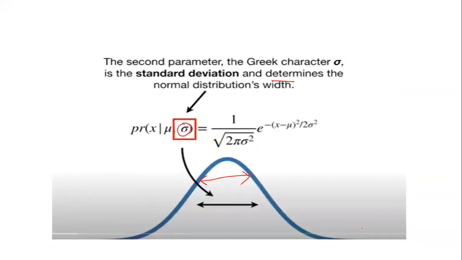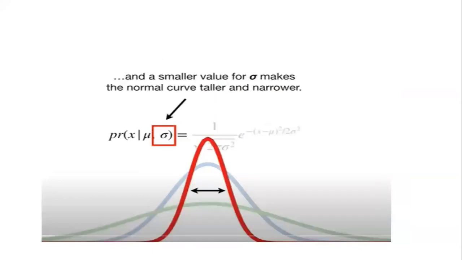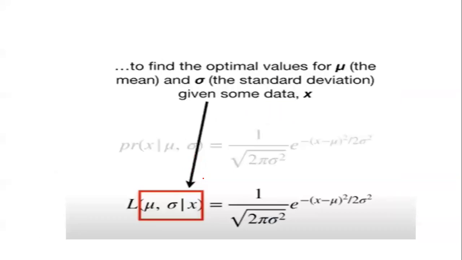If you provide a smaller value of sigma, the curve becomes taller and narrower. When the sigma value is smaller, the curve becomes taller and also narrow.